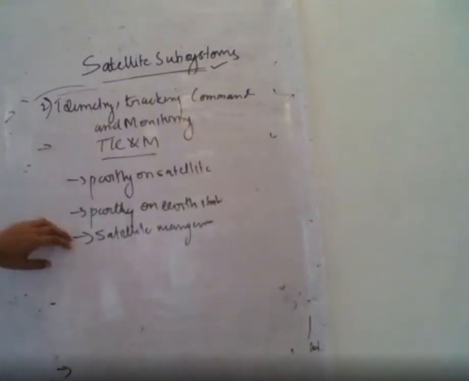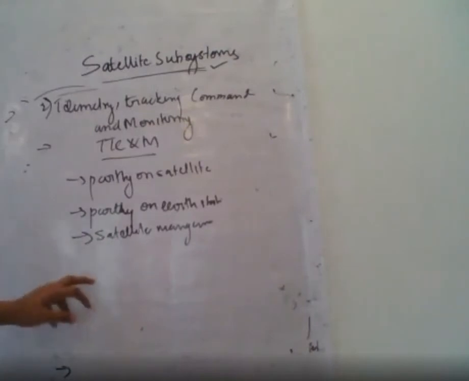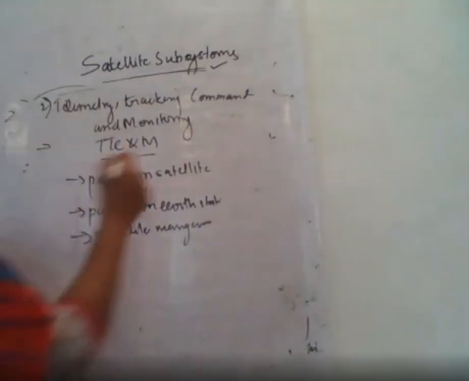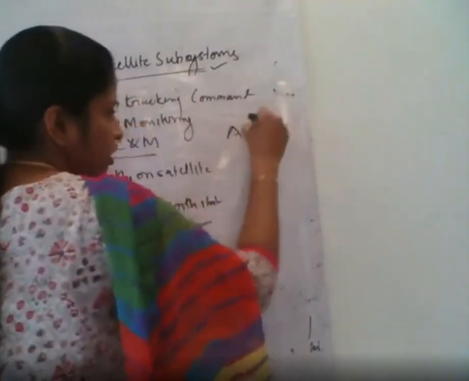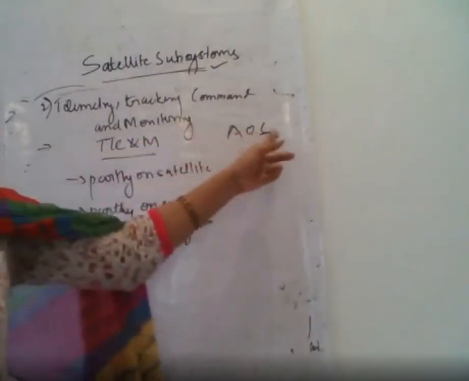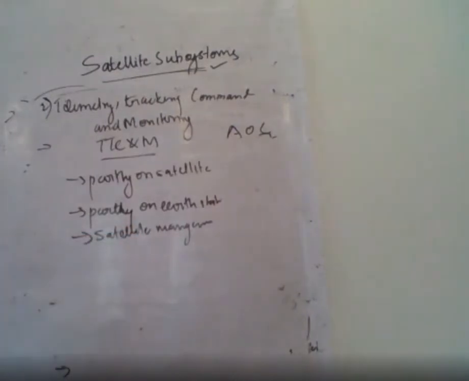The main function of satellite management is to control the orbit and attitude of the satellite.